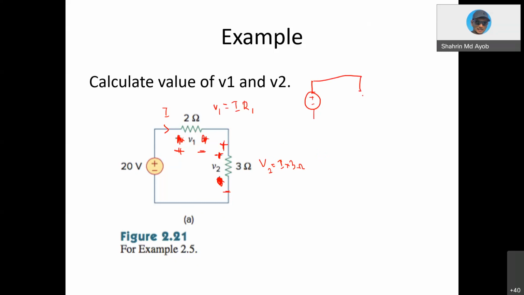You can get the current by summing all these resistors, because these resistors are in series. So 5, and this one 20 volt. So the total I is 20 volt over 5. You should get 4 ampere.